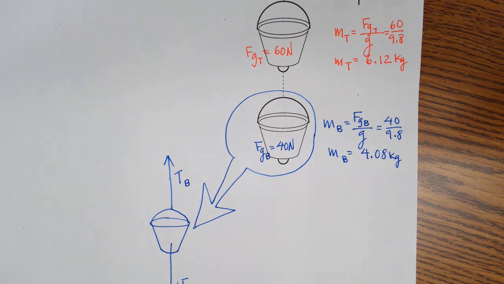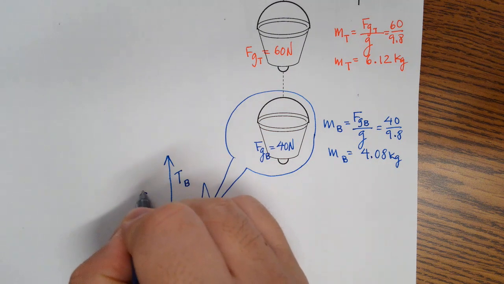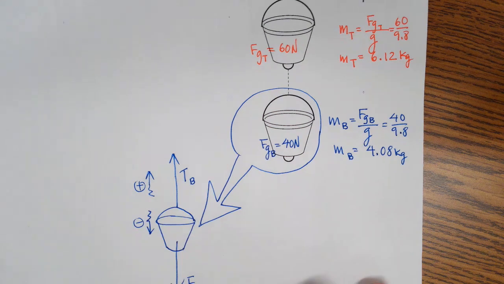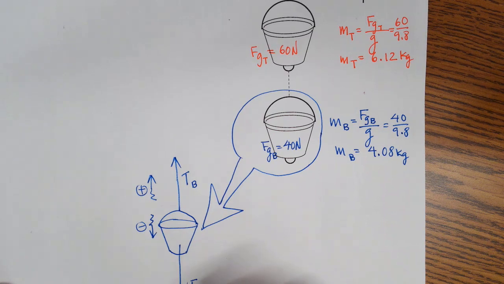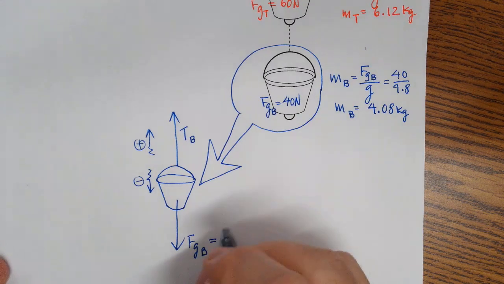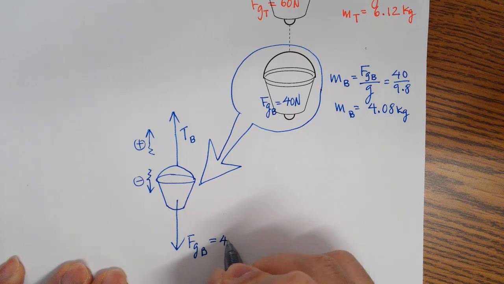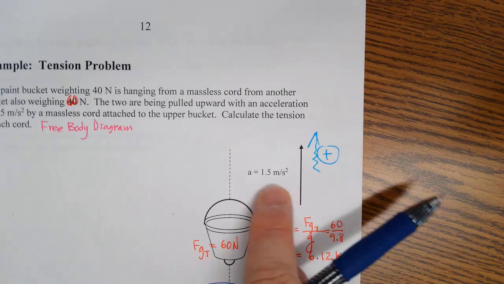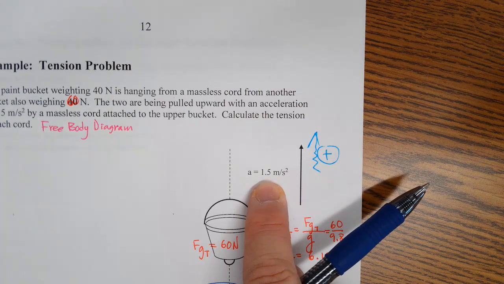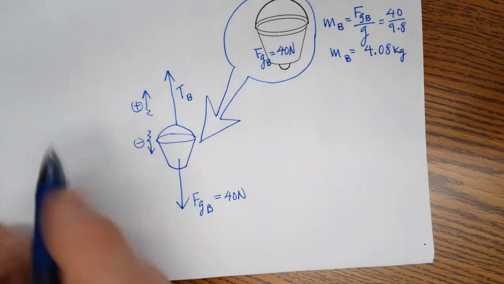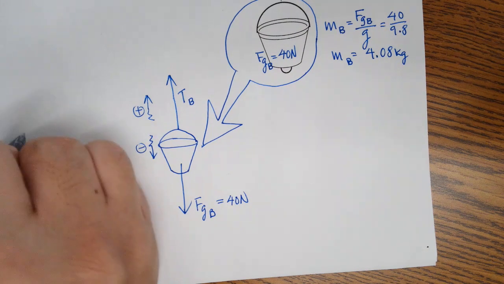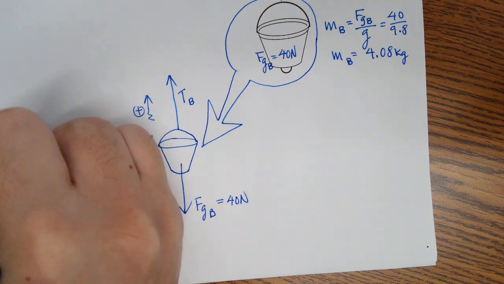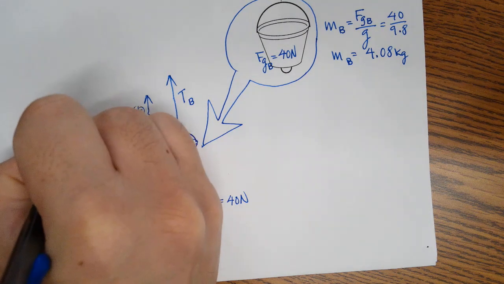Okay, tension bottom. Now, since this thing is accelerating up, I'm going to call up positive and down negative. Okay? So we know the Fg bottom is already 40 newtons. The acceleration of this bucket is the same as the acceleration of the whole system, which is 1.5 meters per second squared. So sum of all forces for the bottom bucket is equal to m bottom times a.